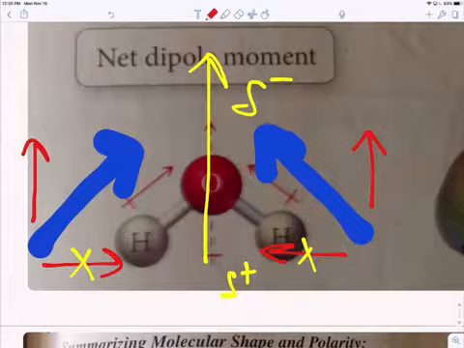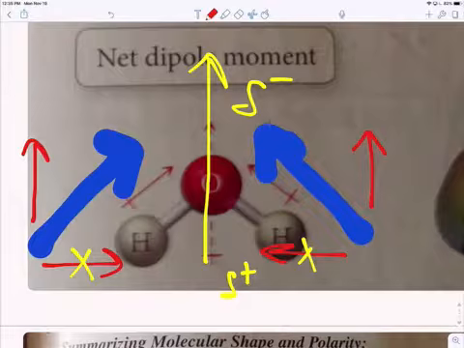And if you have two of them, so there's a component this way, a component this way, these arrows cancel, but the ones pointing up, they add. So the middle ones cancel, but then the vertical ones add, and you get a net vector pointing upwards.